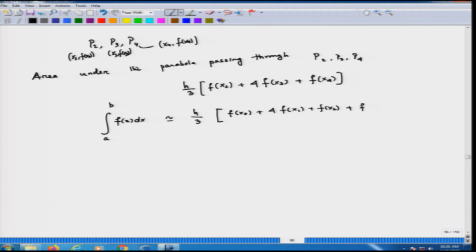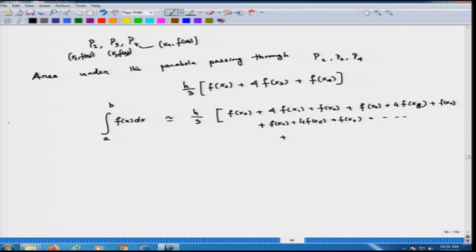Now, P2, P3, P4: f of x2 plus 4 f of x3 plus f of x4. Then again P4, P5, P6. In this case, we will go on like this. So, we go up to this.